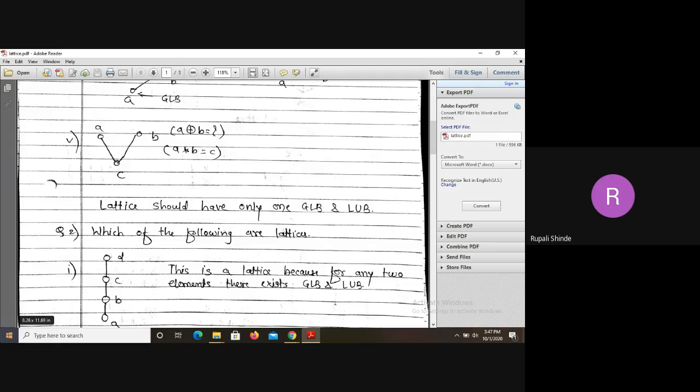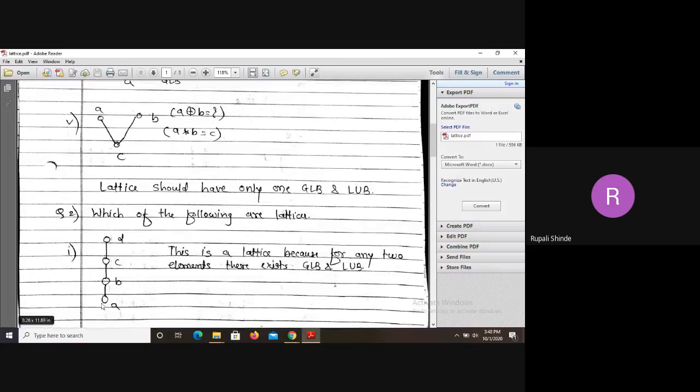Correct. A is the greatest lower bound and B is the least upper bound. Likewise, if you consider the pair B and C, then B is the greatest lower bound, C is the least upper bound. Again, if you consider the pair C, D, then C is the greatest lower bound and D is the least upper bound.